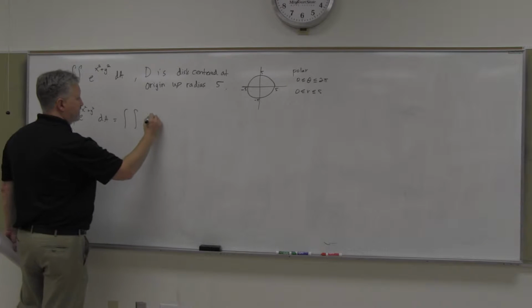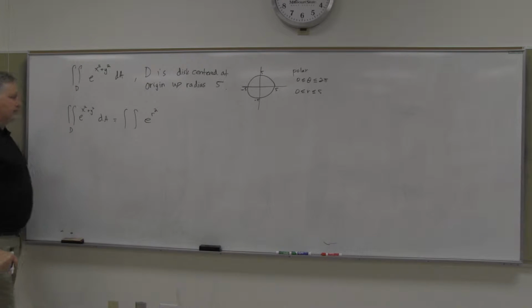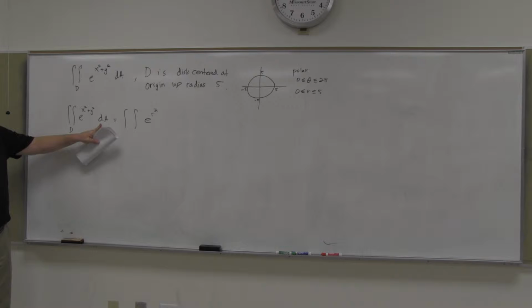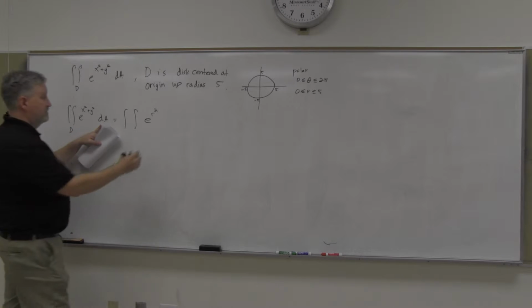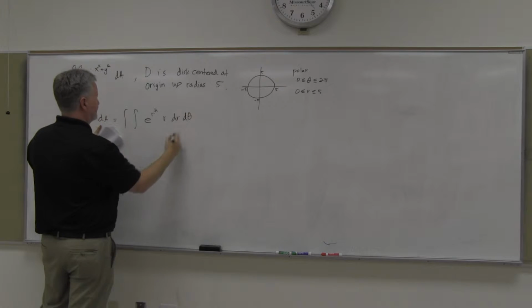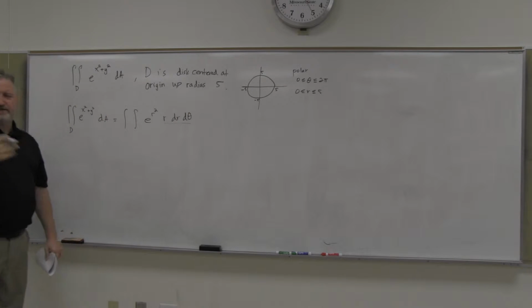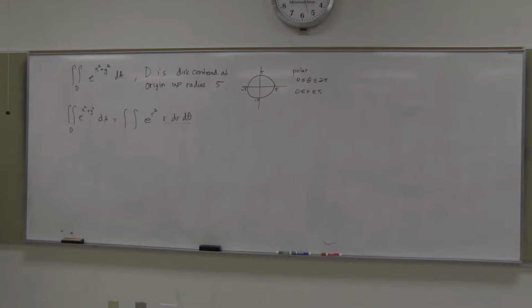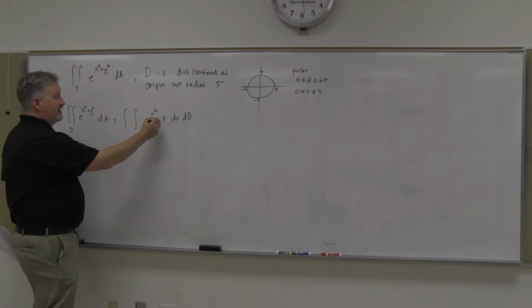So this is e to the r squared. And then the only little kicker about dA is that it's not dr d theta, dA is r dr d theta.